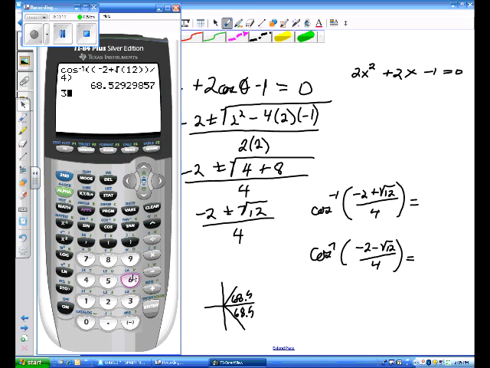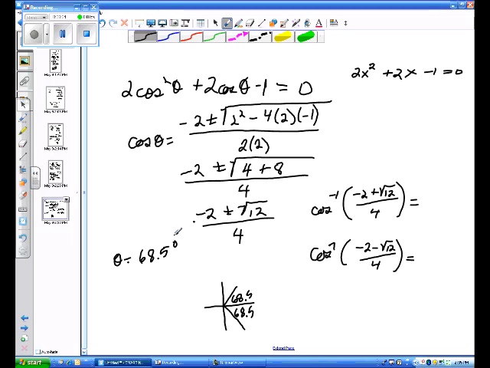So we can put 360 minus second answer. And that would be 291.5 degrees. Okay, that gets it when we use the plus.